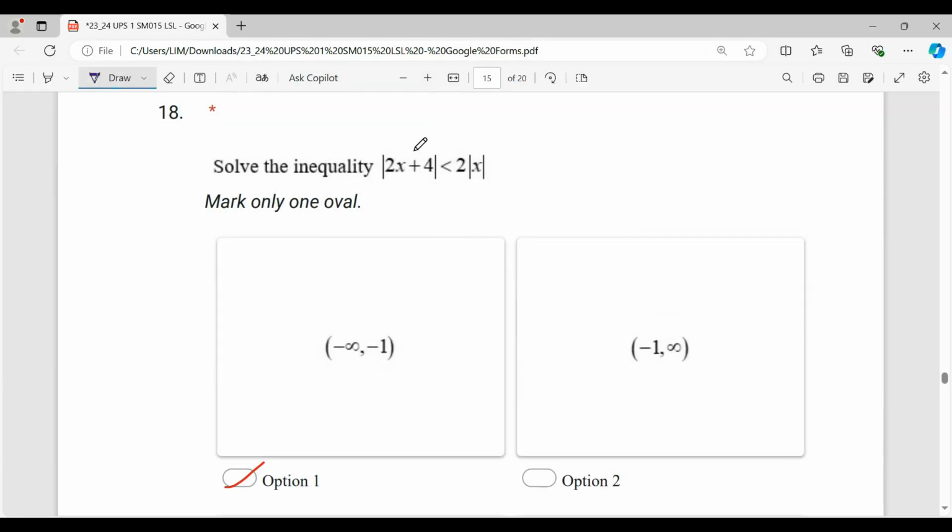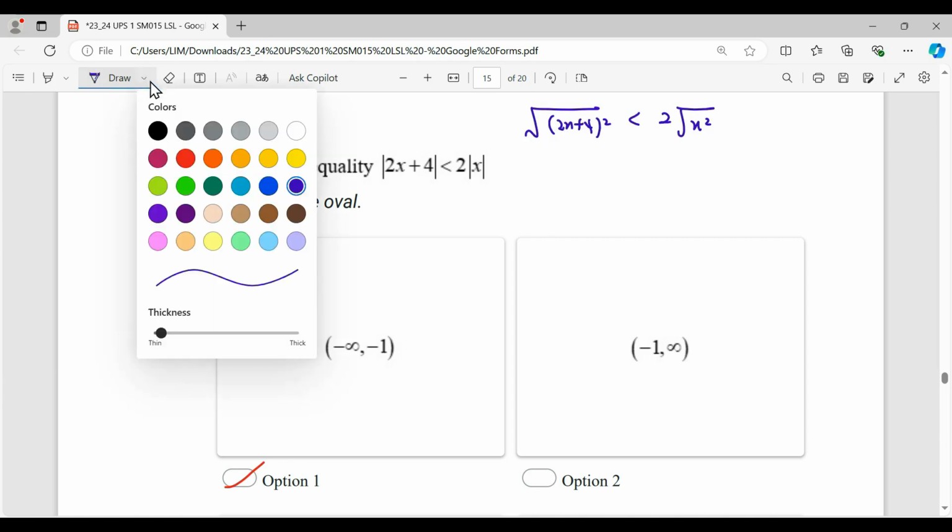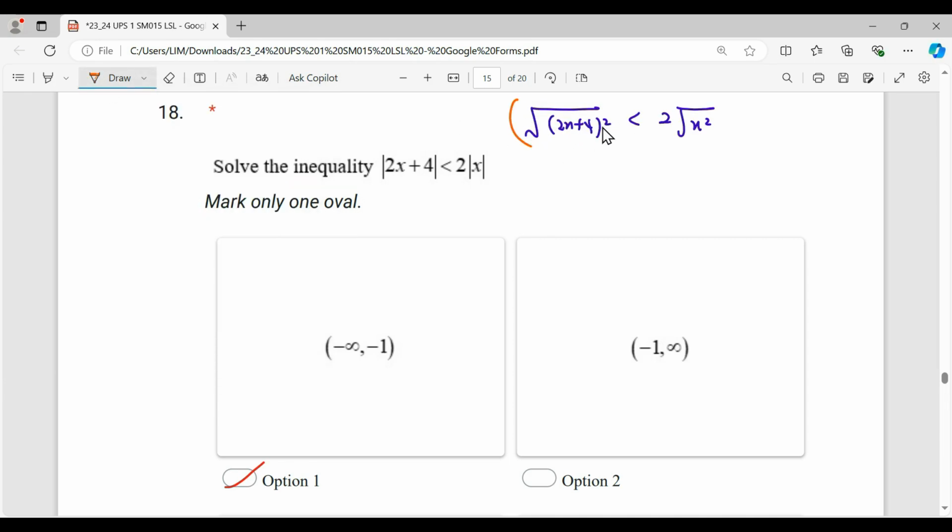Then solve this modulus on both sides. For this, we're going to rewrite the modulus in the form of square root and square. Then to remove the square root, we're going to square both sides. So square root and square simplify, we get 2x plus 4 squared. Here we have 4, then square root and square, leaving x squared. Expand this, we get 4x squared, 16x, and then 16 minus 4x squared less than 0.